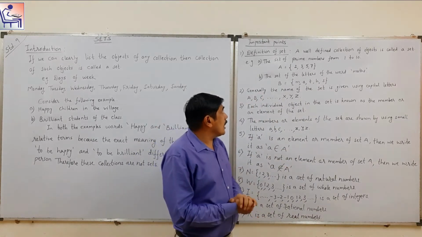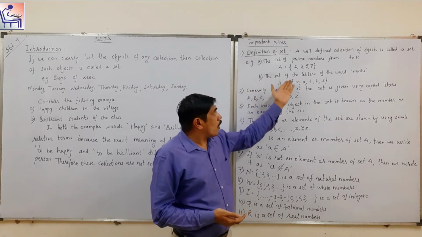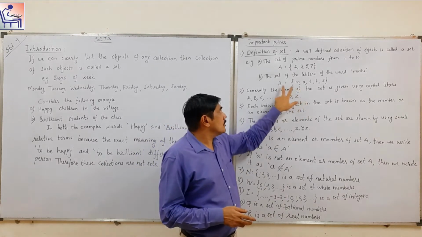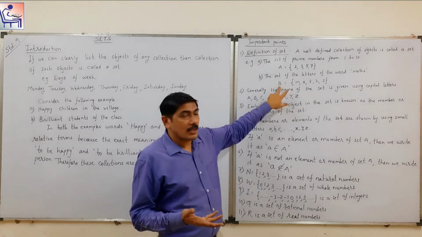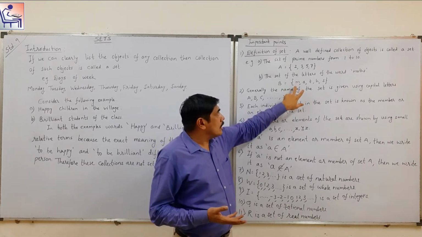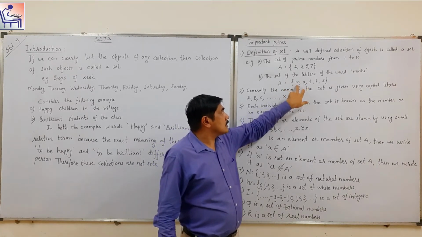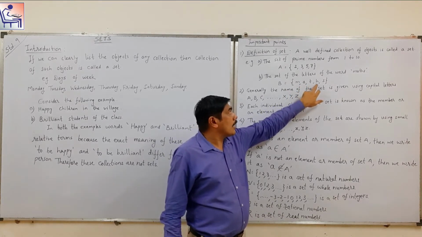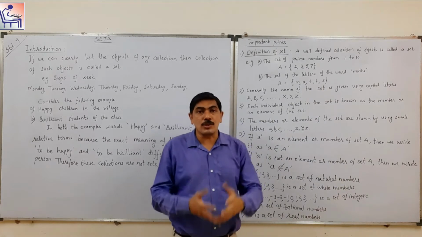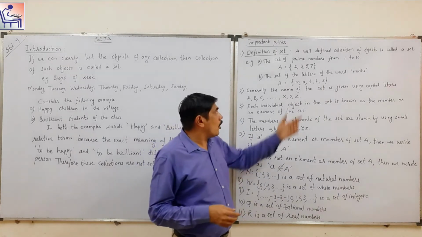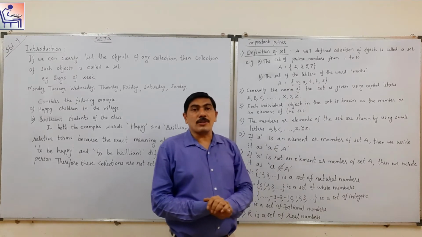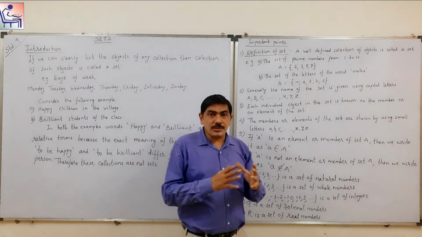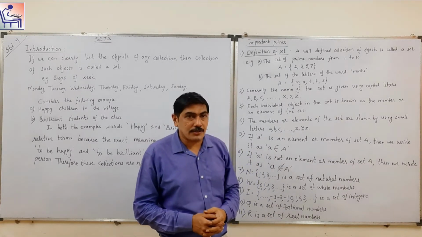Second, the set of the letters of the word MATHS. We write the name of the set as B equal to, in the opening curly bracket, M, comma, A, comma, T, comma, H, comma, S, and then the closing curly bracket. So we have written all the letters of the word MATHS in this set B. This is the way we write a set.